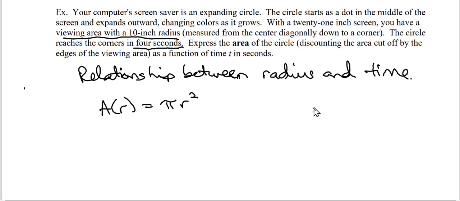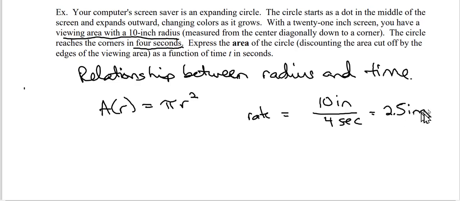So we get 10 inches in 4 seconds, right? So the rate would be 10 inches for every 4 seconds, or 2.5 inches per second.